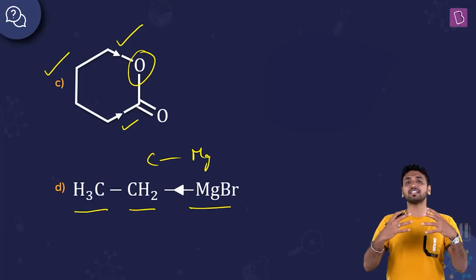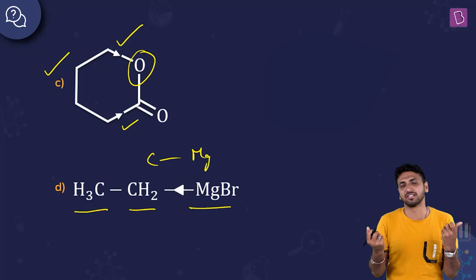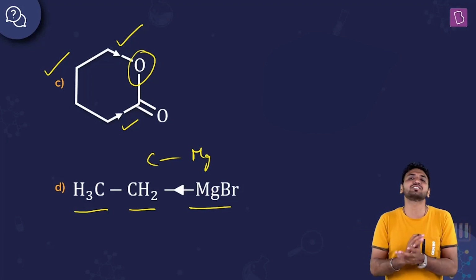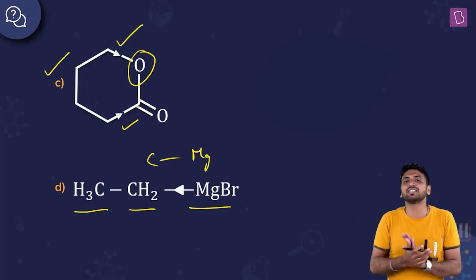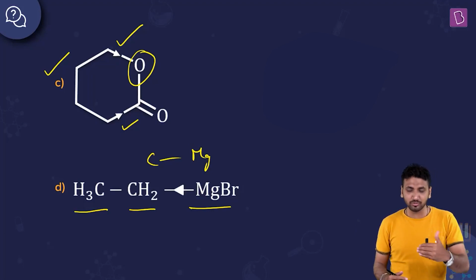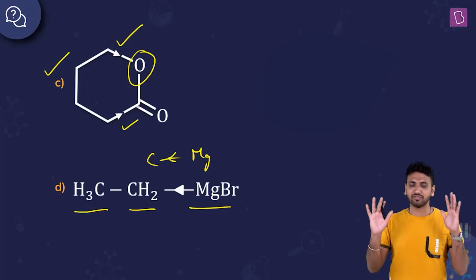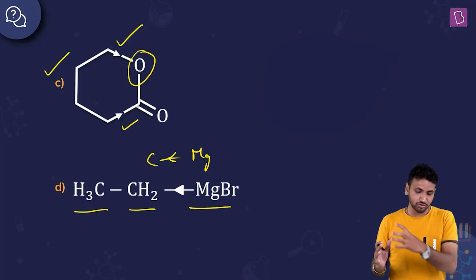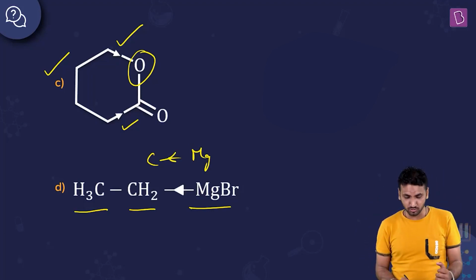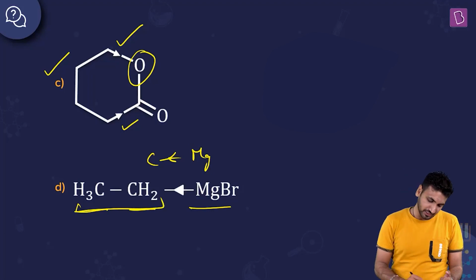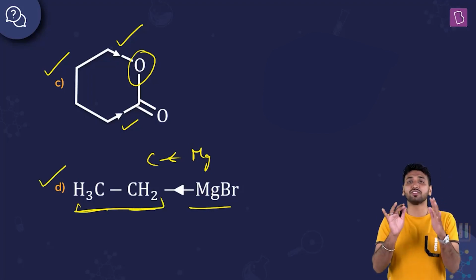So obviously, it is not going to pull the electrons towards itself, right? Magnesium is a metal which does not like much electron density around itself, right? So this is going to be towards the carbon atom, right? So this notation is perfectly fine. Yes, this is true. It should be towards the carbon chain, right? So yes, this is also correct, but we are looking for the incorrect option.